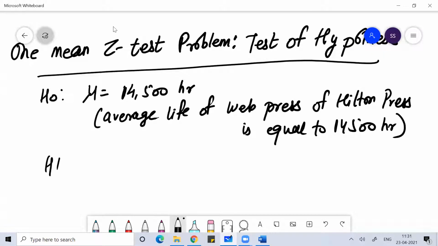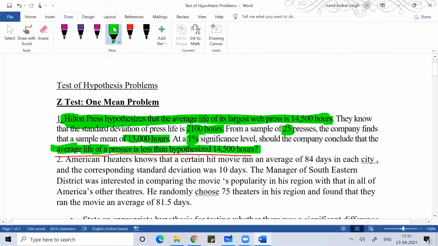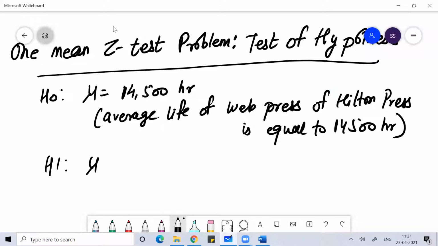Then I'll write the alternative hypothesis, where in the alternative hypothesis, we take whatever the last line of the question says. Here it is given: should the company conclude that the average life of their web press is less than 14,500 hours. So here you write mu is less than 14,500 hours.